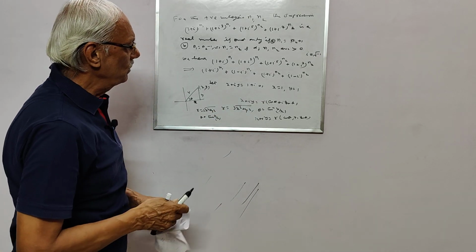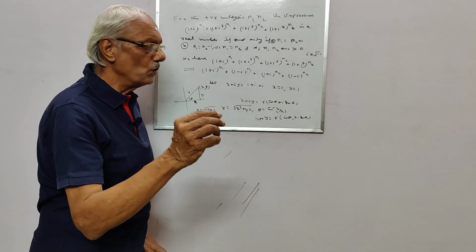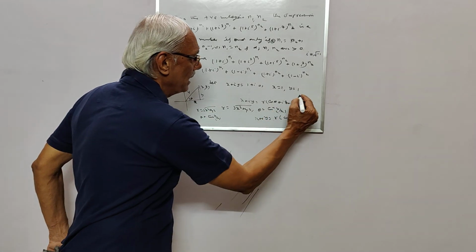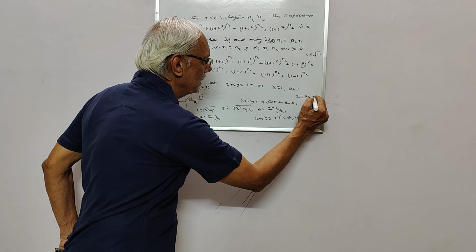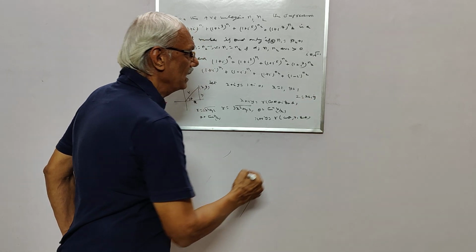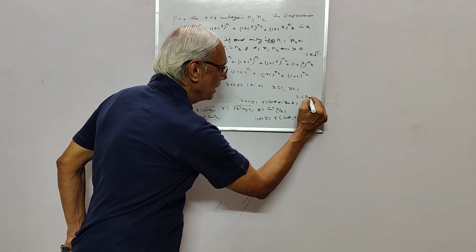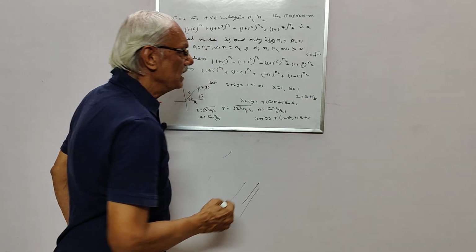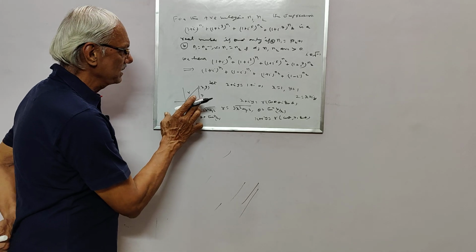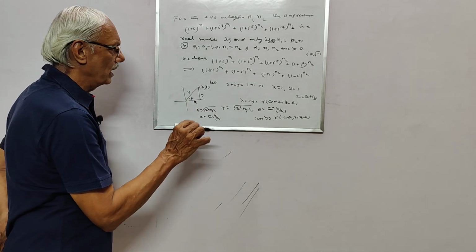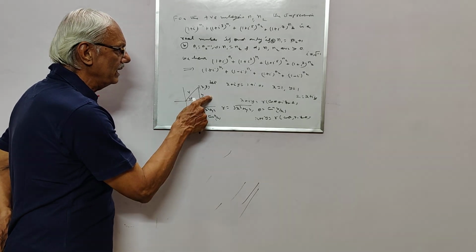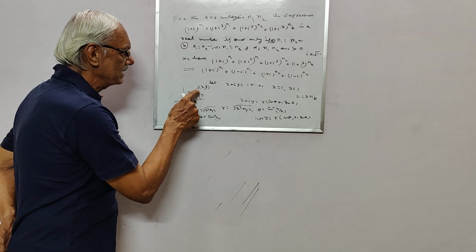Now, what I want to tell you is that any complex number is given by x plus iy. If you are given a complex number x plus iy, it can be plotted in the Argand diagram as the point x, y.